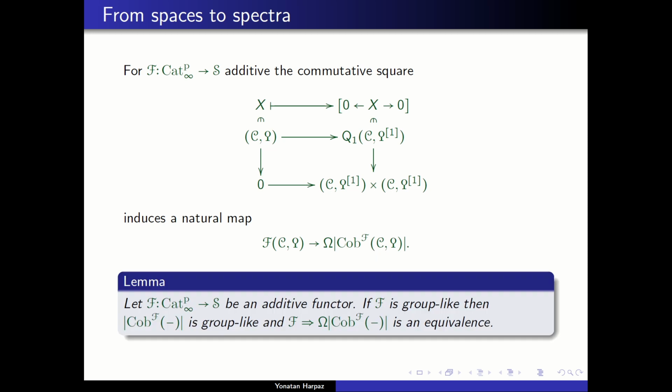And now we have the following lemma that says that if we start with a functor f that is not just additive, but also group-like, then the geometric realization of the f-based cobordism category, considered as a functor, is also group-like. And this map, considered as a natural transformation, is an equivalence of group-like functors.